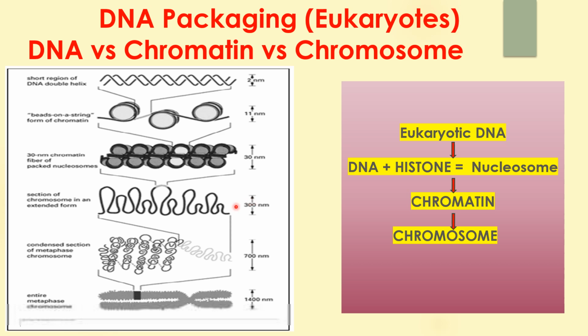In this case, the woolen thread is coiled around the histone to form the nucleosome, and several nucleosomes are called chromatin. Thereby, the chromatins are packed in the form of a chromosome. This is the magnified sequence, this upper layer of thread around the histone.